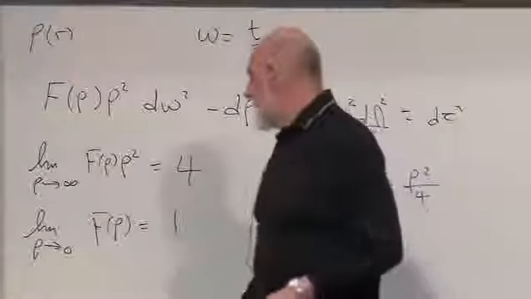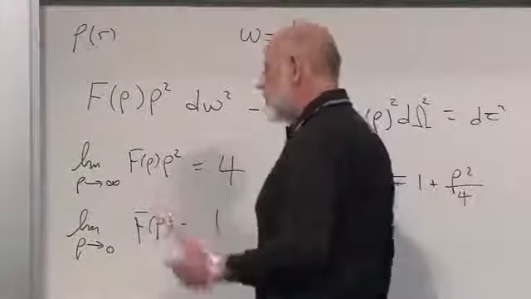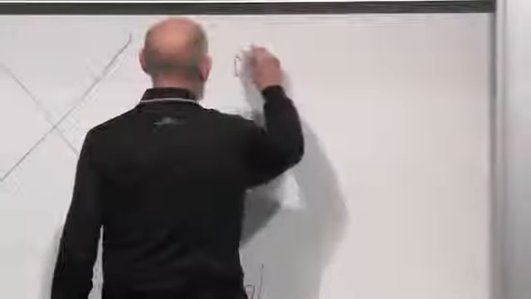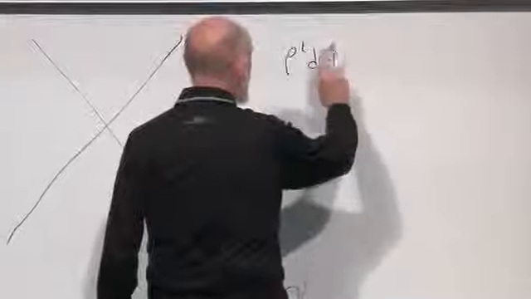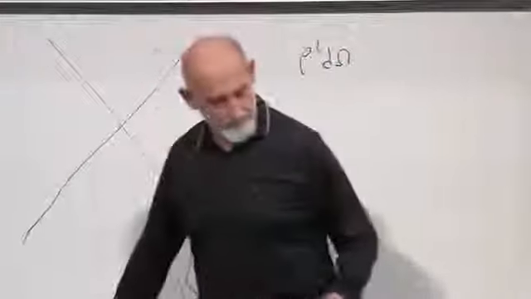That's the light cone of flat space, okay? And rho squared, the omega squared, no, not that omega, little omega.